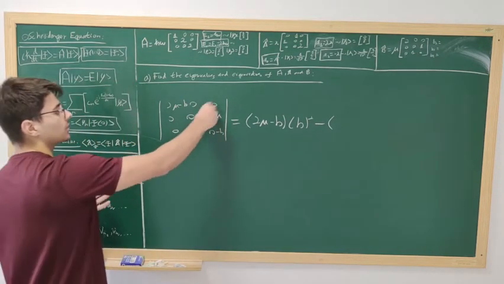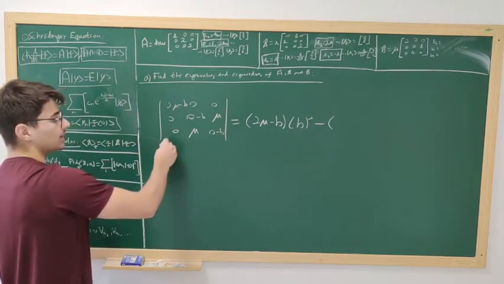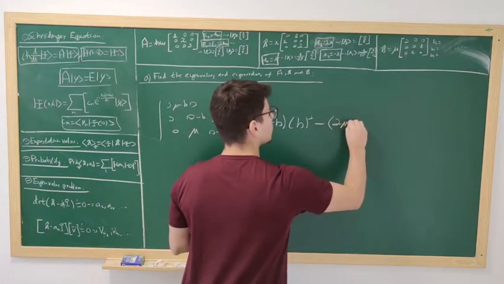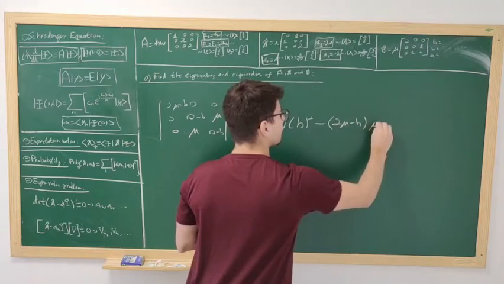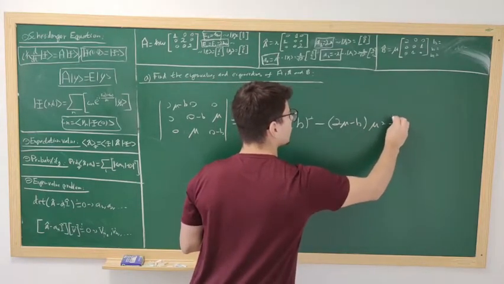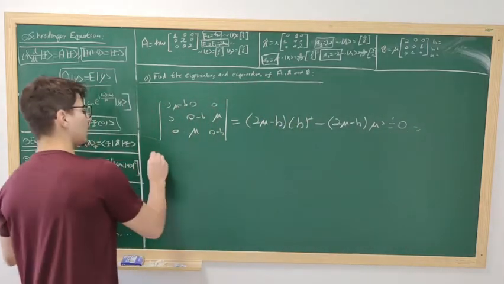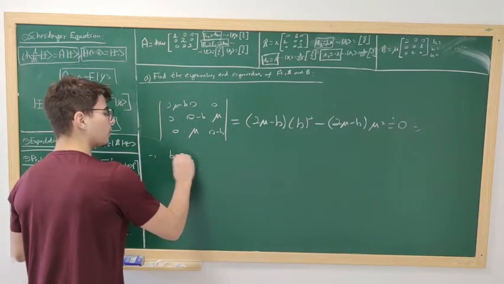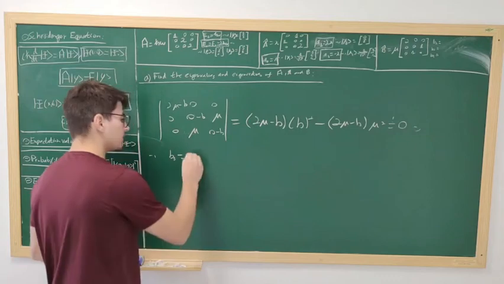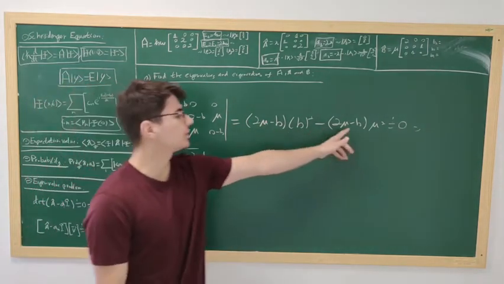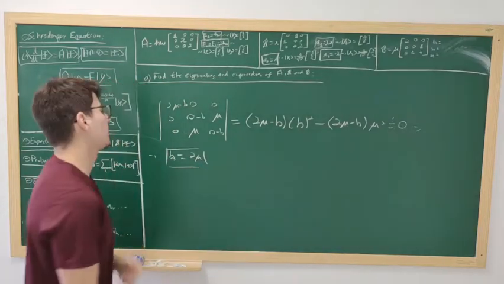Okay, so 0, 0, this one is 0, 0, and we just have 2 mu minus b times b squared minus mu squared, and we are imposing that this is 0. So one solution would be that b is 2 mu. In this case, the equation holds.